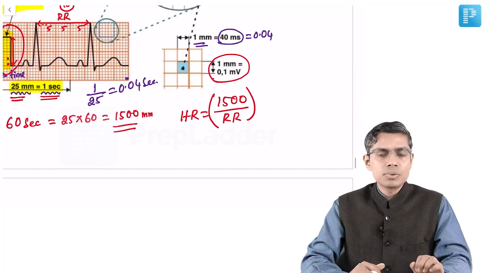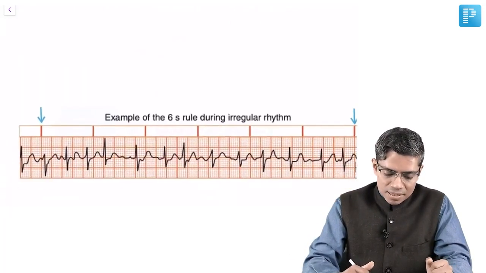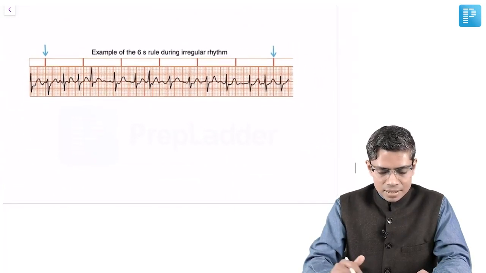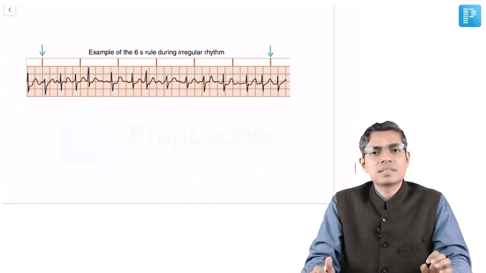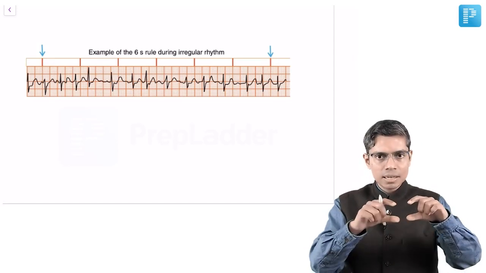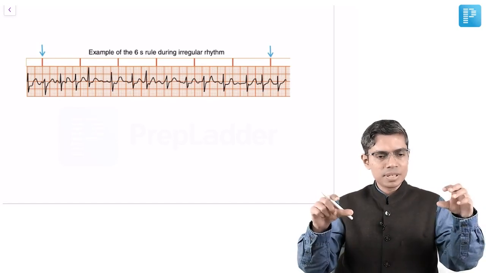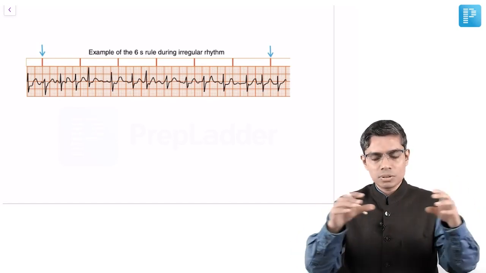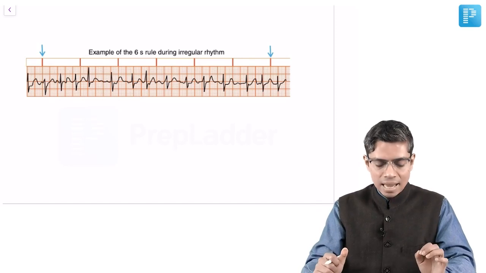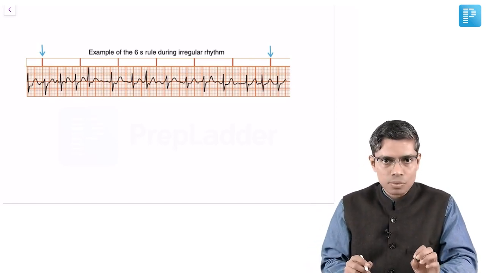Now this is very easy to calculate if the heart rate is regular. But if the heart rate is irregular, like in this strip where you find the heart rate is irregular, in that case you have to take a long strip, maybe a long lead 2 recording, and in that recording you find a 6 second window.